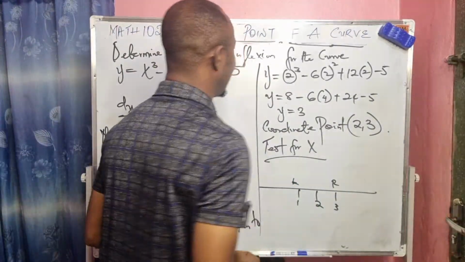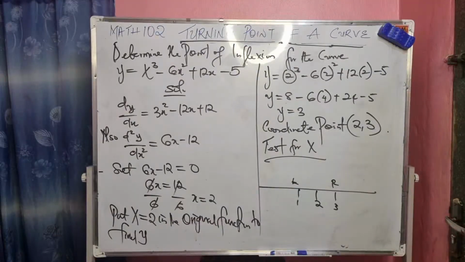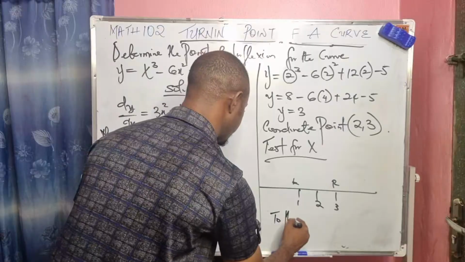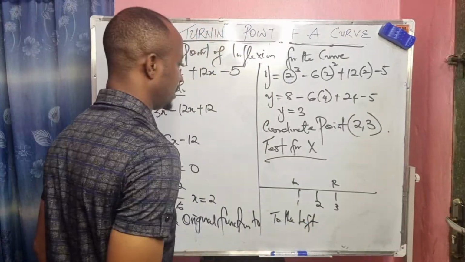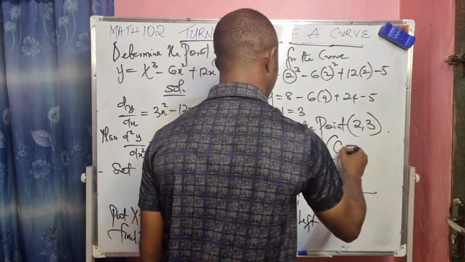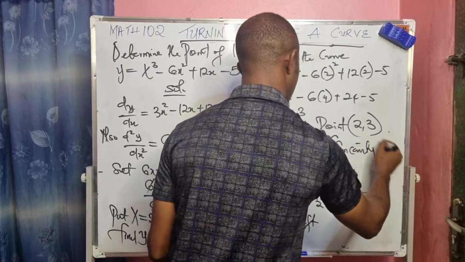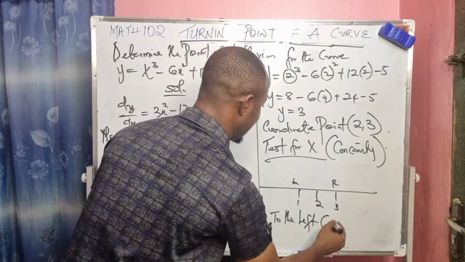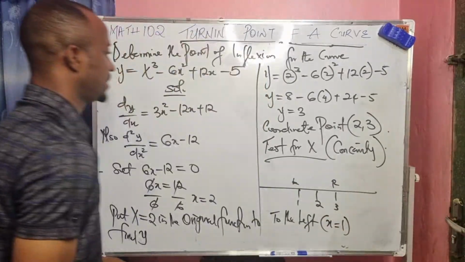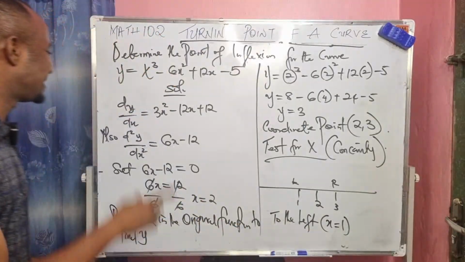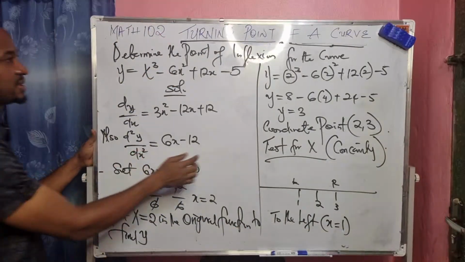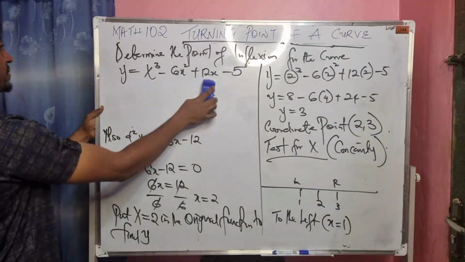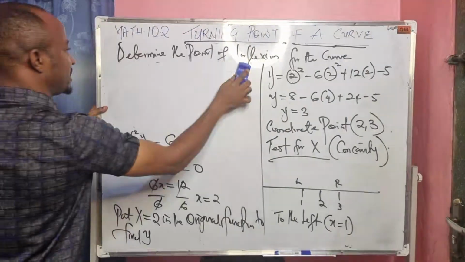To the left-hand side, we are testing for the concavity of the curve. The test to the left is x equals 1, meaning I'm going to put x as 1 in the second derivative function, which is this, right?